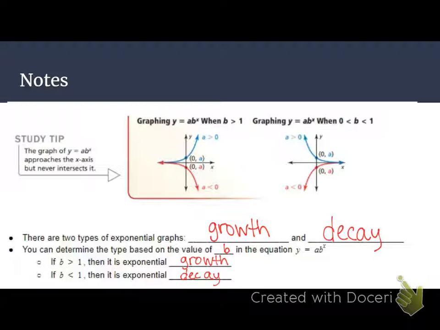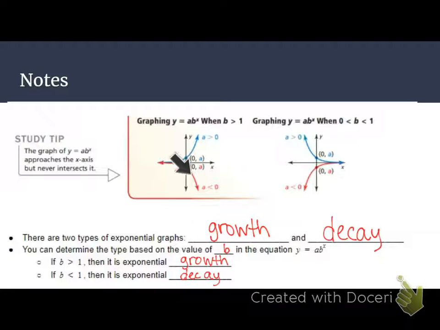So a could be positive or a could be negative, which is what you see here. A is positive, or greater than 0, on the top for both graphs. A is negative, or less than 0, is the bottom one pointing down on both graphs. Of course, for growth and decay, those words are probably pretty self-explanatory.